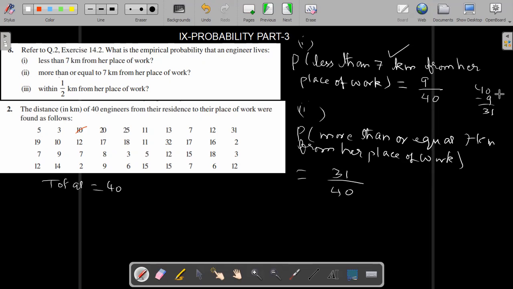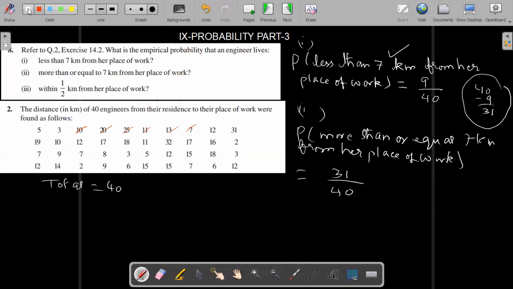That's why we can directly find 40 minus 9, 31, which will be 7 or more than 7. Otherwise, you have to count all of these. 7 will be included, so this will be a total of 31 cases.